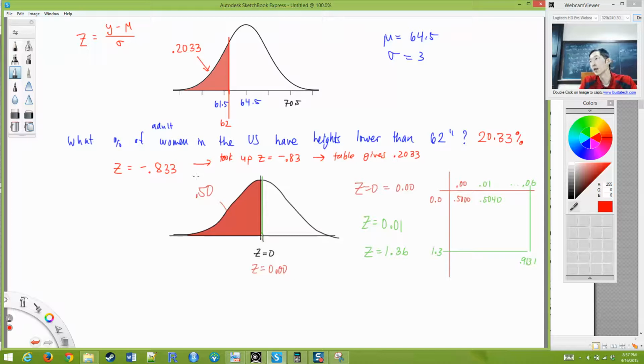If you go beyond that, you can just say close to 0 or close to 1. Okay. One thing to keep in mind is the table always gives the area to the left.